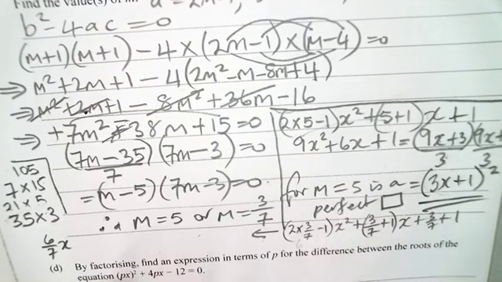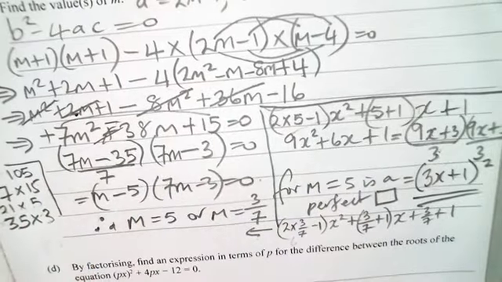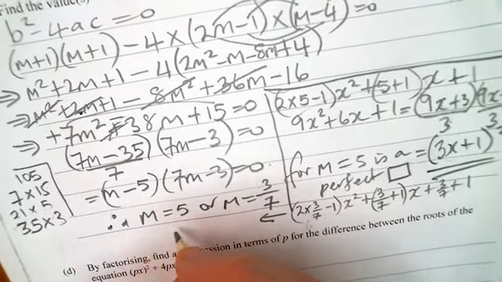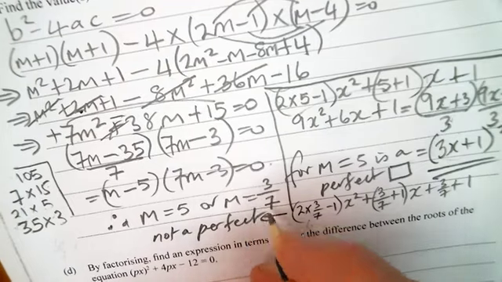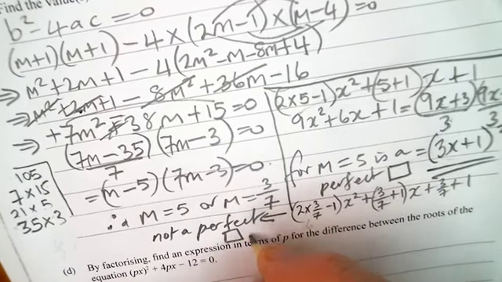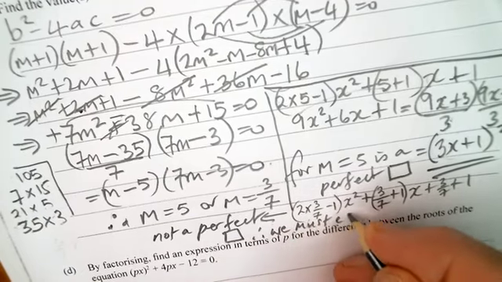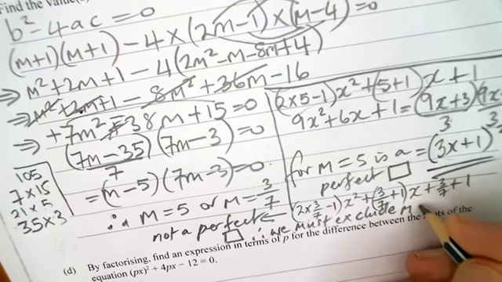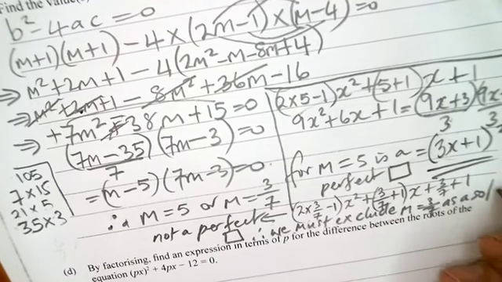Oh, no. This cannot be a perfect square, yeah? I'm not even going to go through it all. I'm looking at this. This is not a perfect square. Therefore, we must exclude m equals 3/7 as a solution.